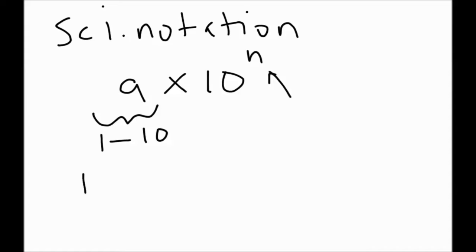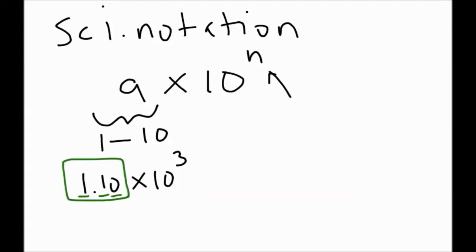For example, 1.10 times 10 to the third. If we look at this number 1.10, it has 1, 2, 3 digits, which means this number in scientific notation has 3 significant figures. Let's look at another one. 9.9 times 10 to the third.